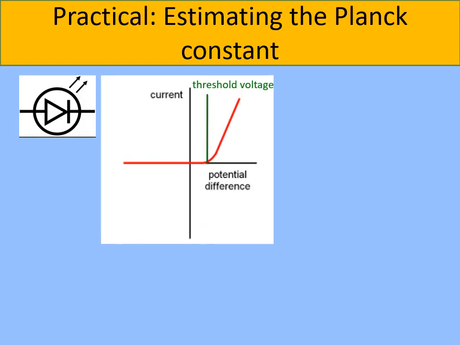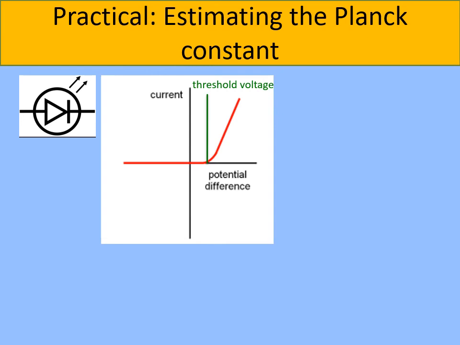We now come to the final part of our lesson, which is an important practical where we can determine an estimate of Planck's constant h by a simple experiment using light-emitting diodes, or LEDs, of different colors. If we look at the I-V characteristic for an LED, as shown on the graph, what we find is that if there's a negative potential difference, the current it lets through is 0, and there's a certain point at which suddenly it starts to behave like a conductor.